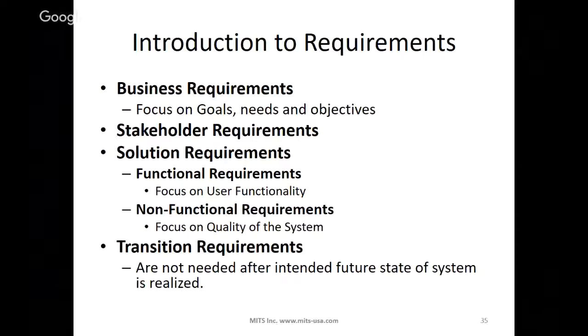Non-functional requirements focus on the quality of the system. This is performance. It can include security, but it's predominantly performance. And non-functional requirements are almost always going to be numeric in nature. They're going to give numbers. What's the response time?